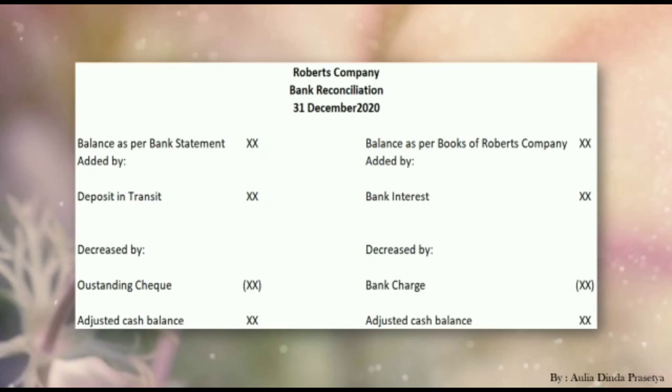And then, Robert's company also only know the bank charge if they receive the bank statement from the bank. So, Robert's company needs to decrease bank charge to their account. In the end, we will find the adjusted cash balance.